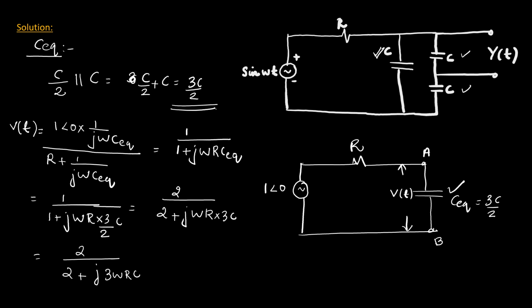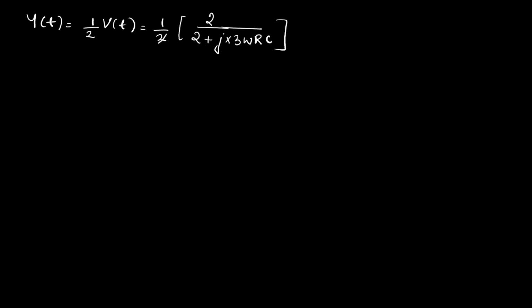Now we know that y of t is half of the voltage V of t. That is y of t is equal to half of V of t, which is equal to half of 2 divided by 2 plus j 3 omega R C. The 2 got cancelled, therefore y of t equal to 1 by 2 plus j 3 omega R C. Now what is the magnitude of y of t?